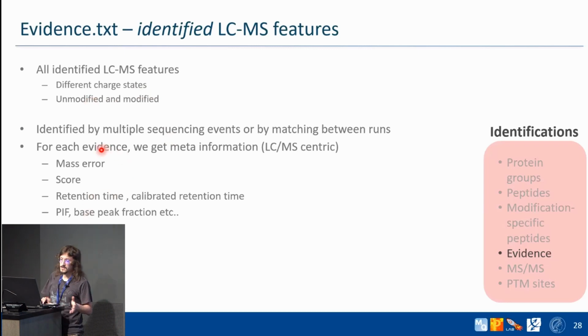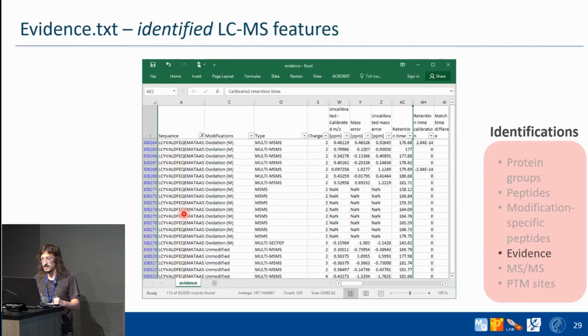Then you also have the mass error, the score, how good the identification was, and information about the retention time. And you remember there was the problem with the recalibration of the retention time in different experiments. All this information is here. And you can use this Evidence.txt file to check how good and reliable your evidence was, to then identify peptides after.